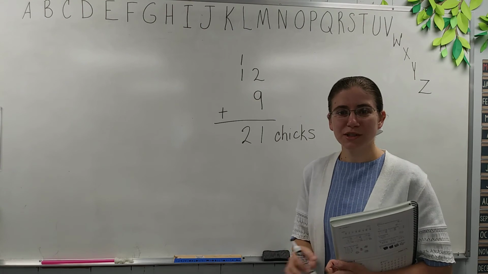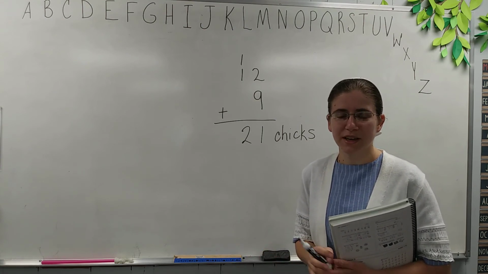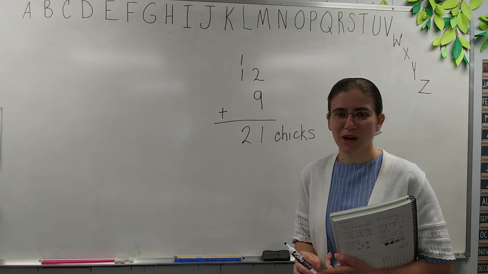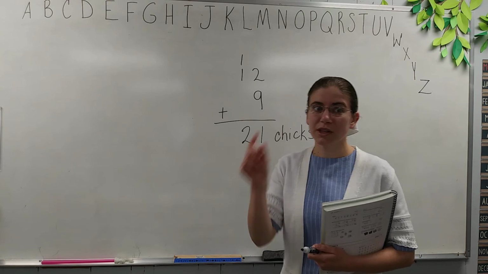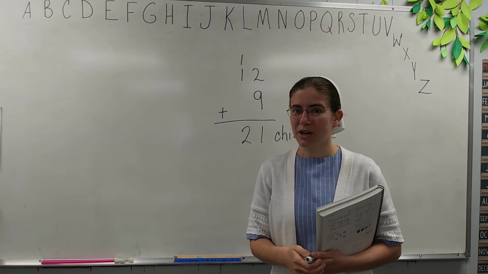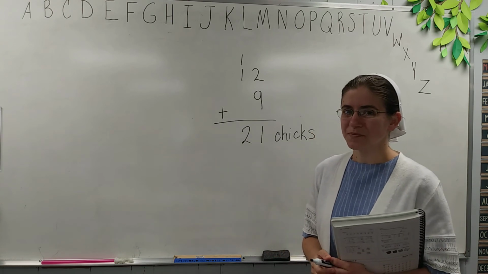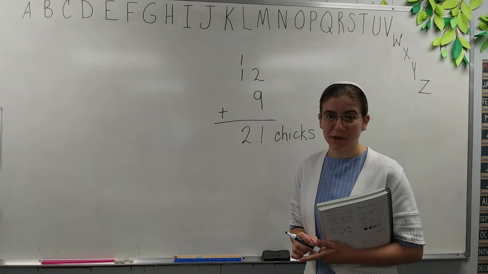Okay, so you guys can do that. Just read your story problems carefully to figure out what you should be adding or subtracting. Don't just look at the numbers and decide to write all the numbers down, because you might not need all the numbers.